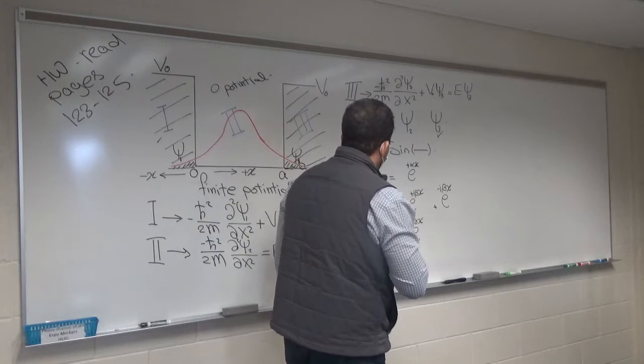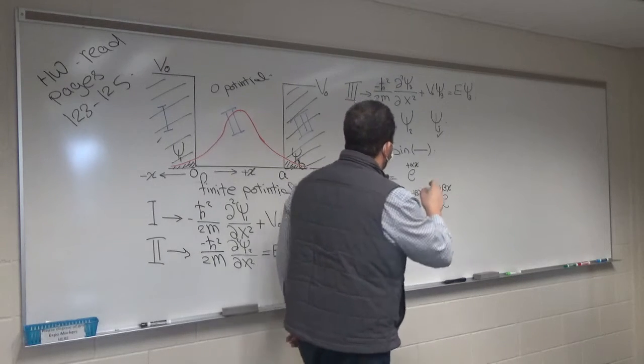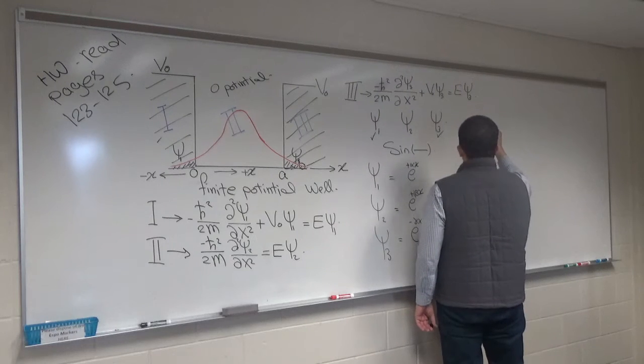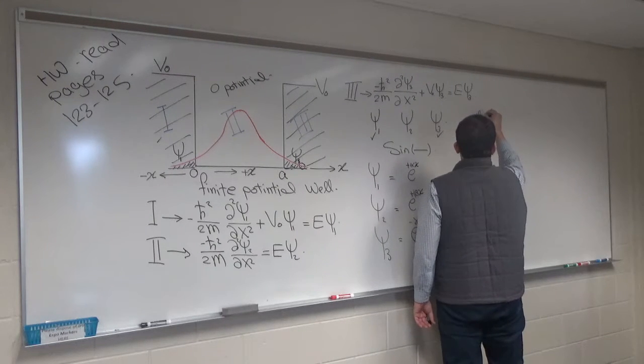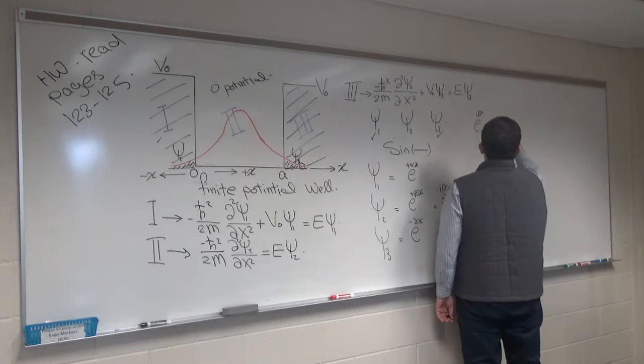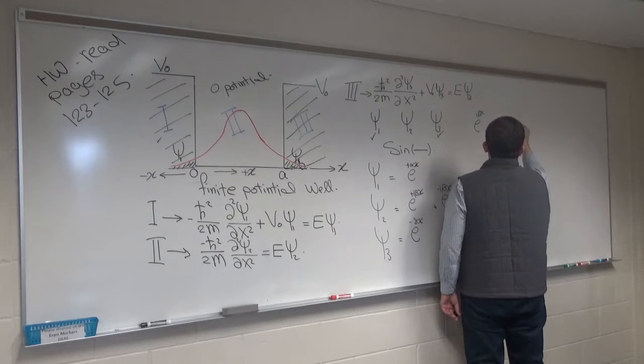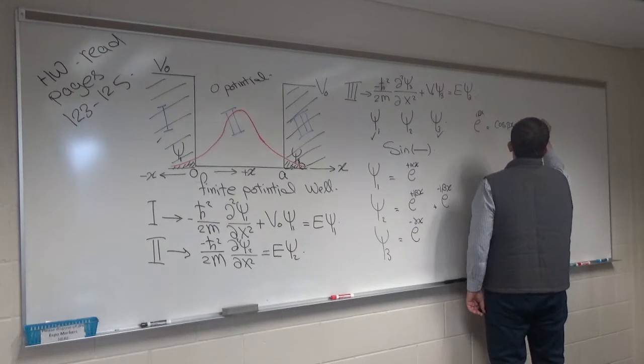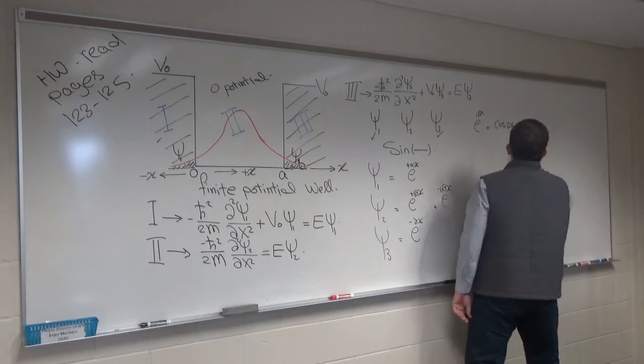Why is that? Because if I go to the Euler equation, exponential i beta x is equal to cosine beta x plus i sine beta x.